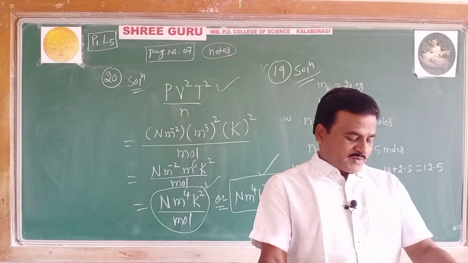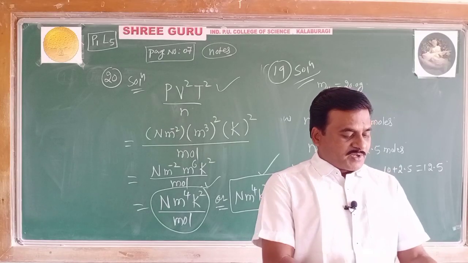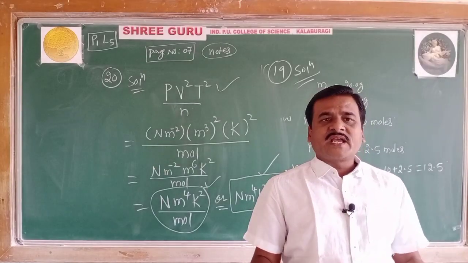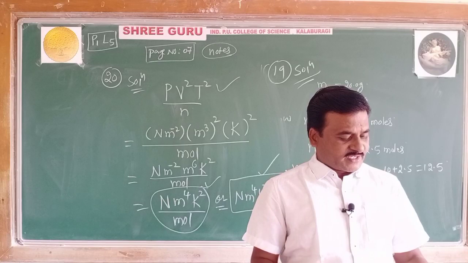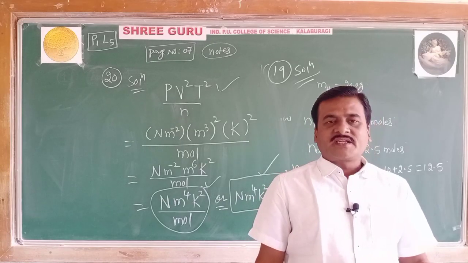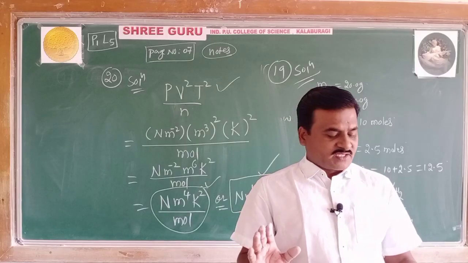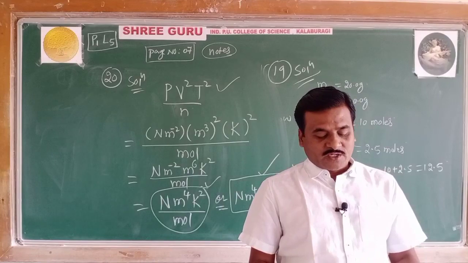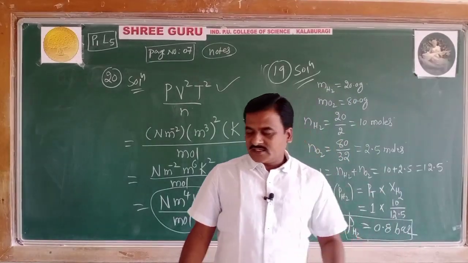Now coming back to theory. After the gas laws, we have collected an idea about aqueous tension and all. One more part which has been deleted, but has appeared many times in the CET, is different types of molecular speeds. Let's discuss that.